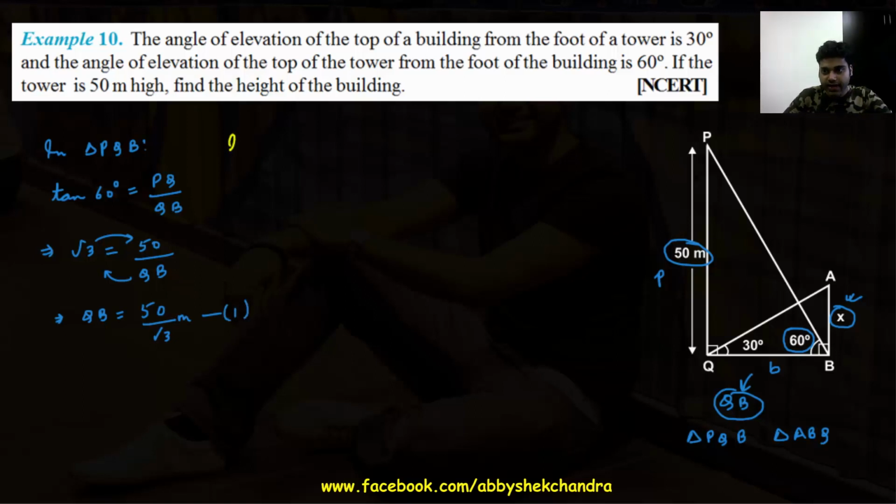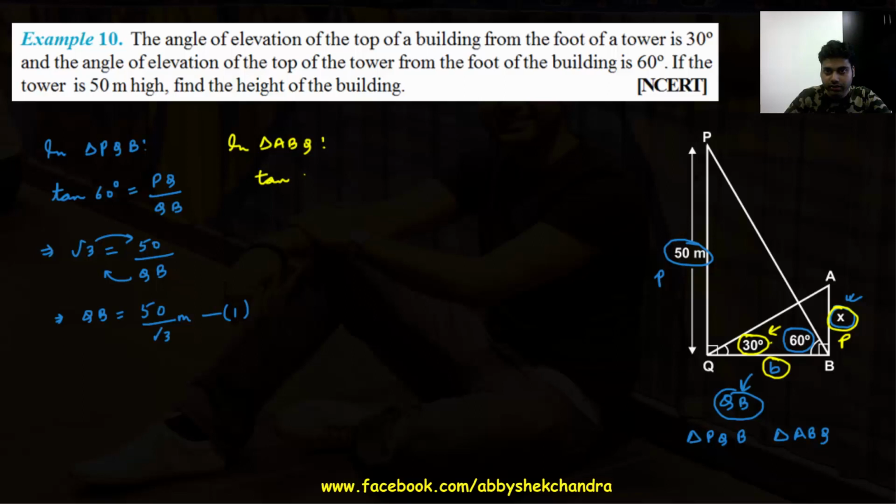Now in the next triangle, in triangle ABQ, in this triangle we are going to find QB again. So here the angle given is 30 degrees. We have X here. X is the perpendicular with respect to this angle, right? And QB is the base. So again we are going to use tan theta.